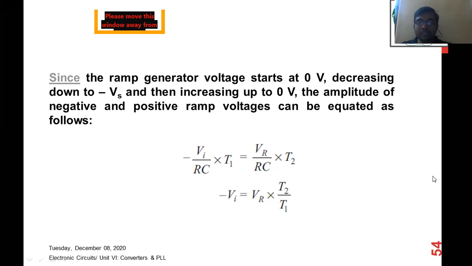That is mentioned here, and you get a relationship between Vi and Vr. So it is equation number 3: minus Vi is equal to Vr into T2 upon T1.